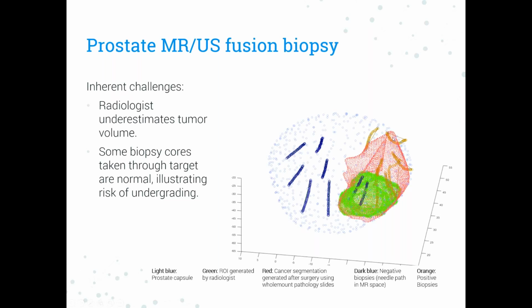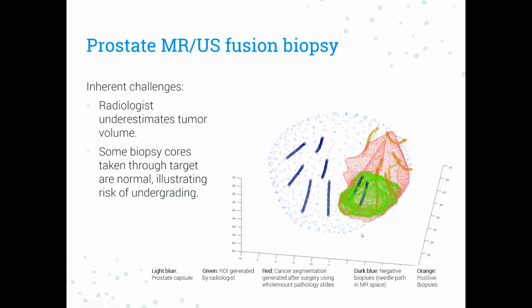The red region is the actual cancer area that was delineated by the pathology following resection of the prostate. The dark blue needles represent the biopsy cores, and the orange needles are positive biopsies.